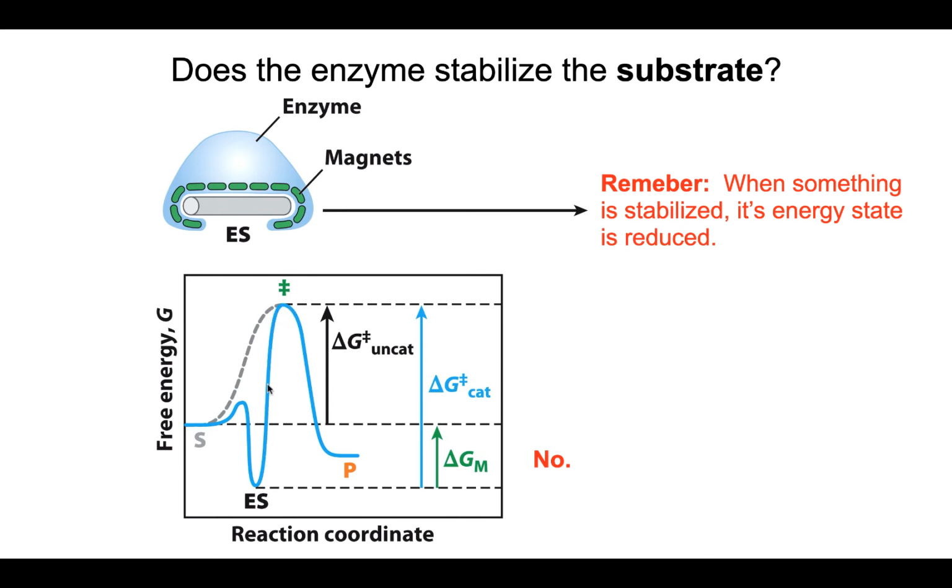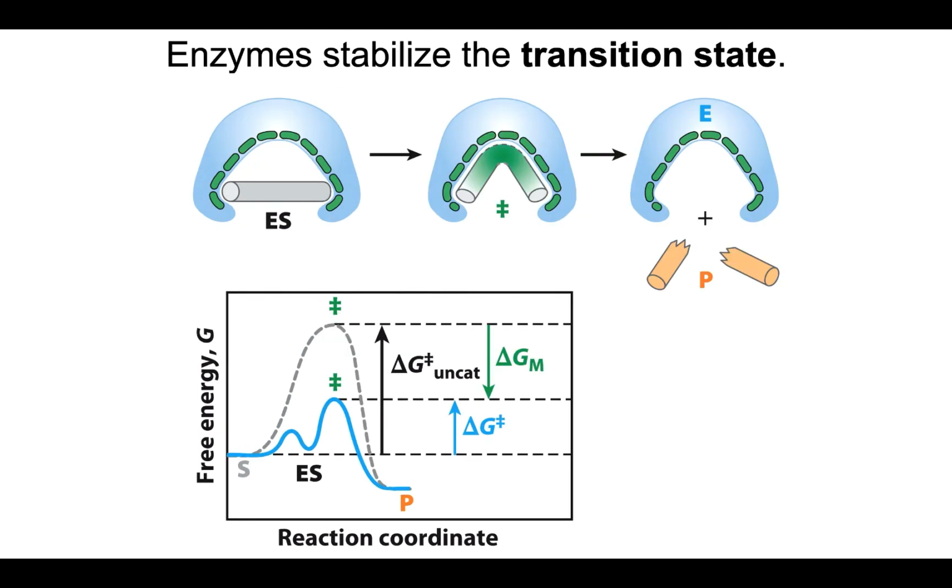It's even harder to reach that transition state. So this can't be the case, right? Enzymes cannot simply stabilize and thus reduce the energy of the substrate. That would make those reactions even slower. Which means that what enzymes have to stabilize is the transition state.